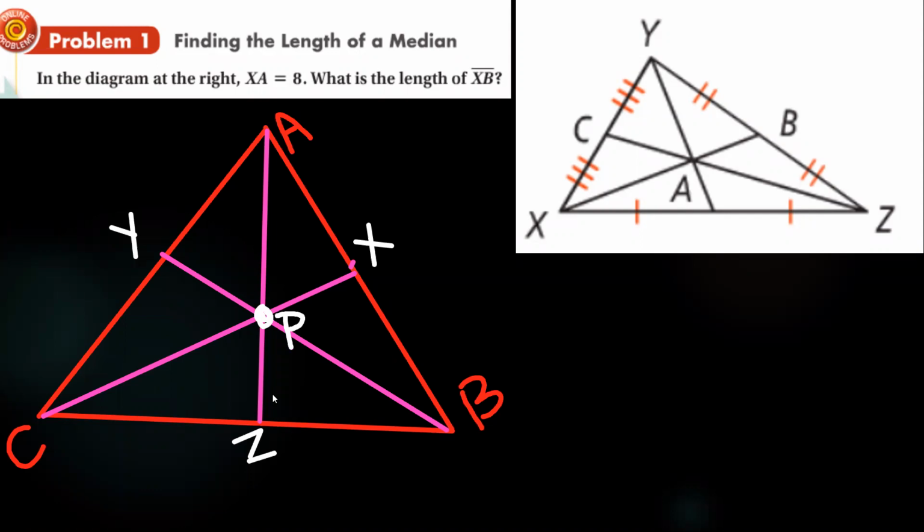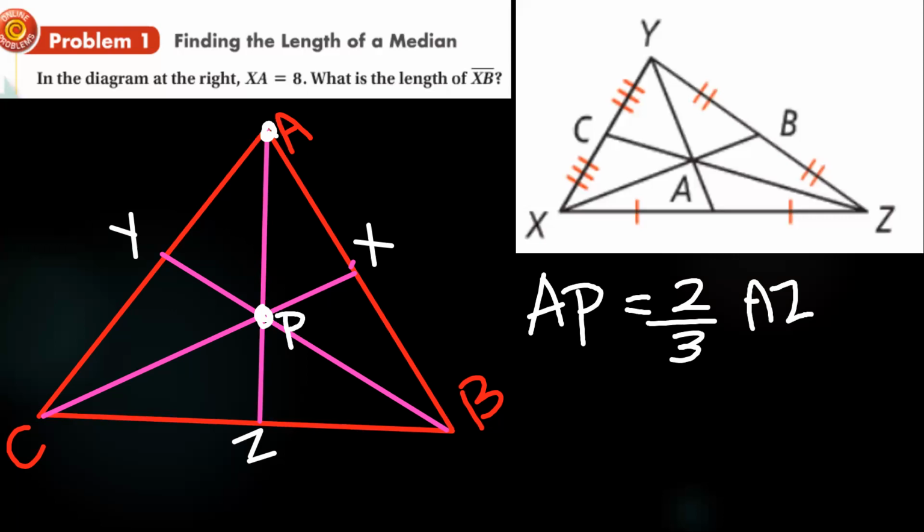Now, my theorem told me that. Where are the relation between them? If this is AP, the line starting from the vertex, AP will be 2/3 of which line? Which line that its length is 2/3 the length of AP? AZ.